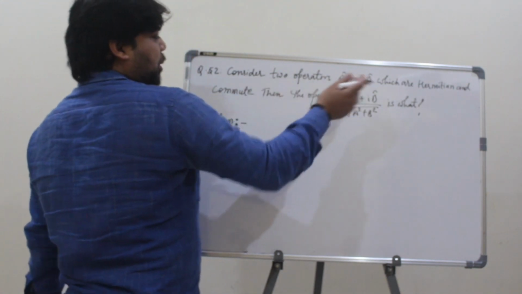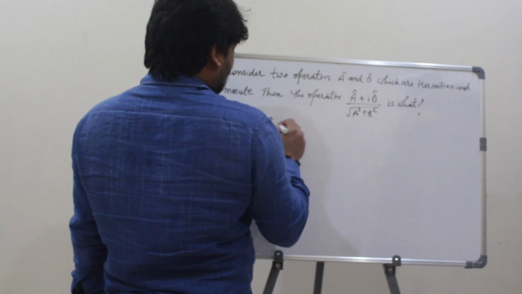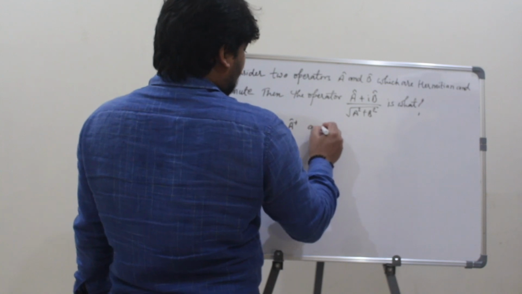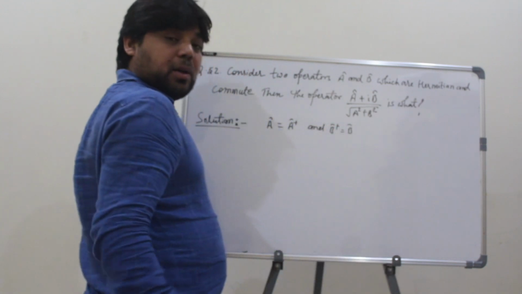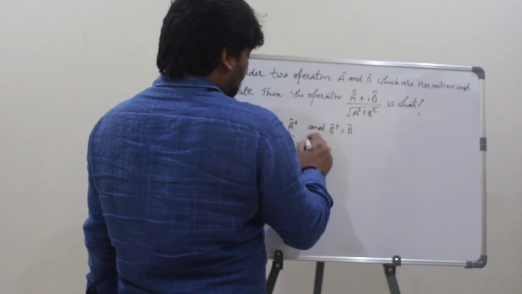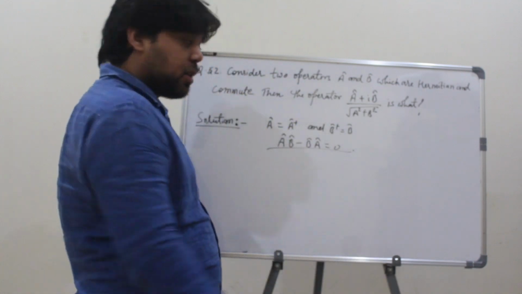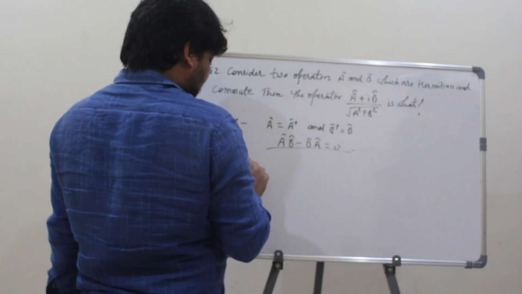Since the operators are Hermitian, A cap is A cap dagger and B cap dagger is B cap. And they commute, meaning A cap B cap minus B cap A cap is 0.